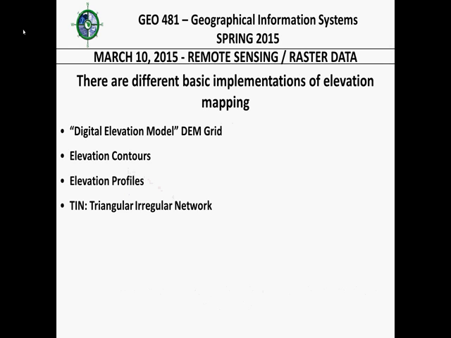On this slide, I have some different basic implementations of how we map elevation. There are different ways in which we do that. We'll talk about 4 tonight and then be done. Most commonly, you'll use the first 2: the digital elevation model, or DEM grid, and elevation contours, but we'll also talk about a profile and a TIN, a triangular irregular network. Those are the 4 topics that we will cover for the rest of tonight.